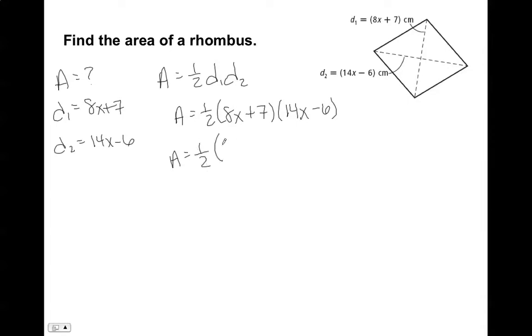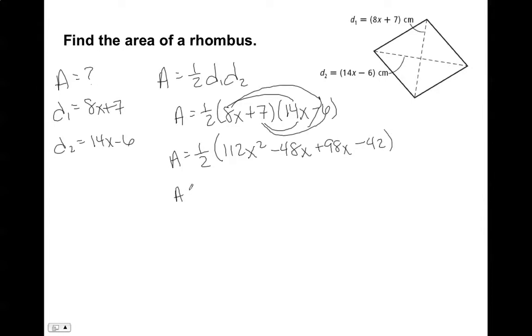So that gives us 8x times 14x, 8x times a negative 6, 7 times 14x, and 7 times negative 6. Look to see if you can simplify inside your parentheses, and here you can.